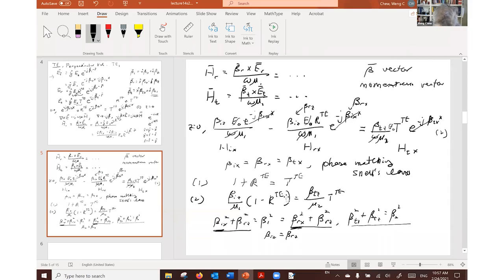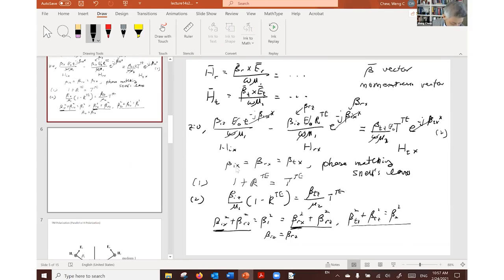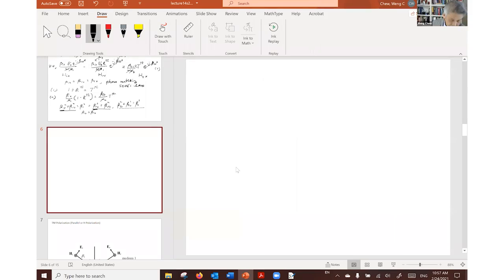Then I have two equations and two unknowns that can be easily solved with the notion that beta Tz is not the same as beta Iz. So two equations, two unknowns. It will be straightforward algebra. You can solve them. I'm not going to go into the detail of solving them, but I just tell you the results.